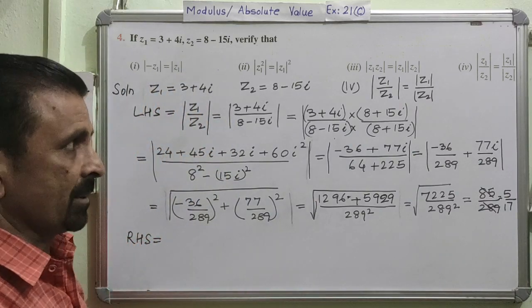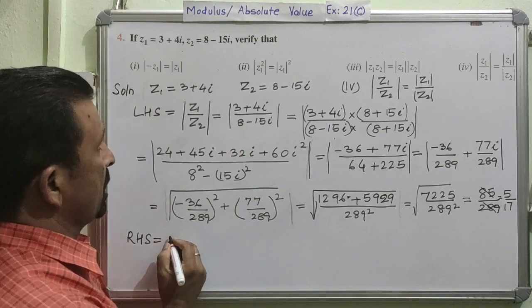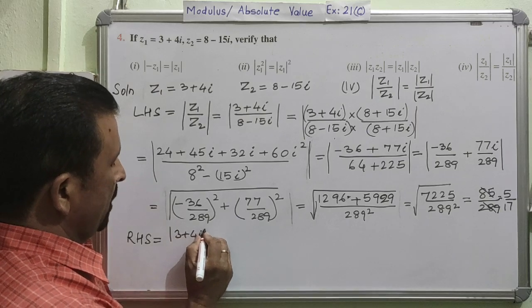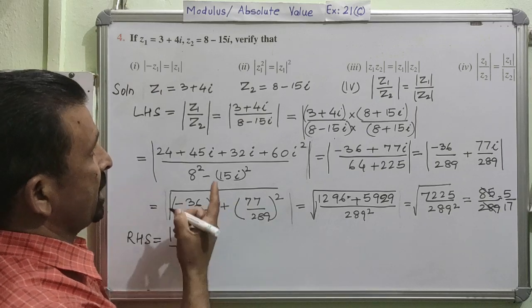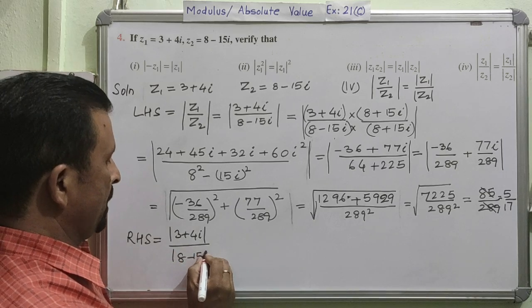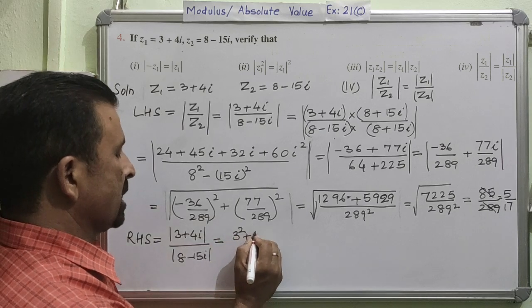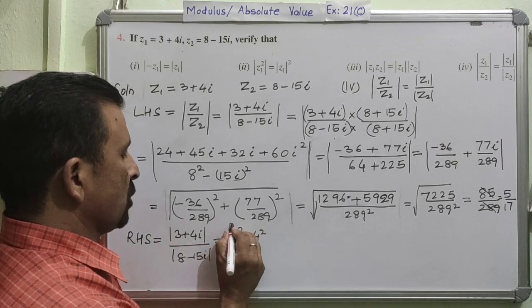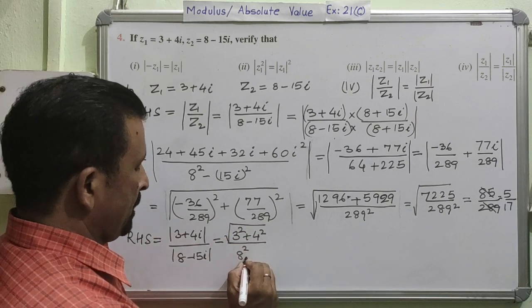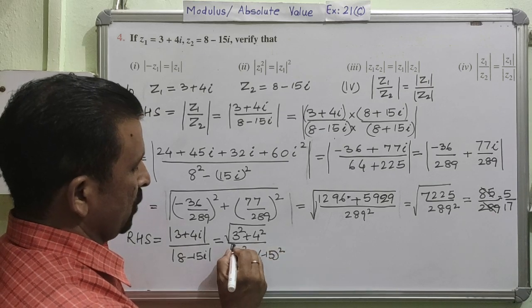Only then can we see that the statement is verified. Now we are calculating mod of z1, that is mod of 3 plus 4i, divided by mod of z2, that is mod of 8 minus 15i. Now when we are calculating the mod, it will become the square root of 3 squared plus 4 squared. In the denominator we will have the square root of 8 squared plus negative 15 squared.